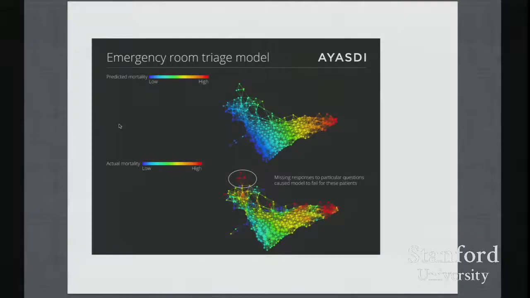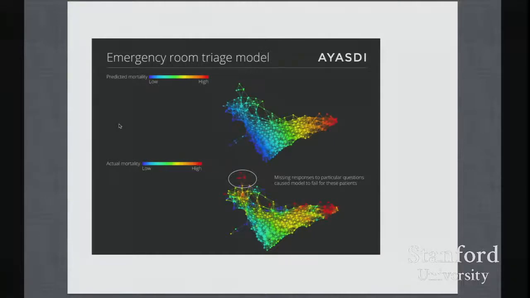Okay, so the last one, the emergency room triage model. In an emergency room there's a checklist of things that you fill out for how sick a person is. Then there's a model that says how likely they are to die, and you serve people appropriately relative to the model.